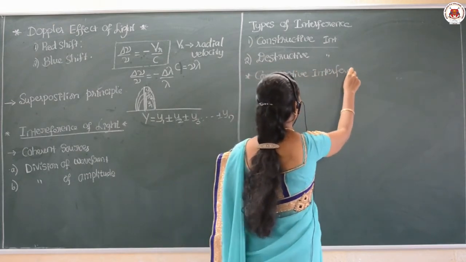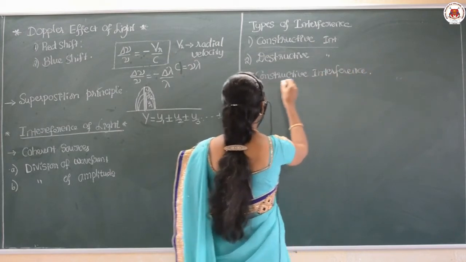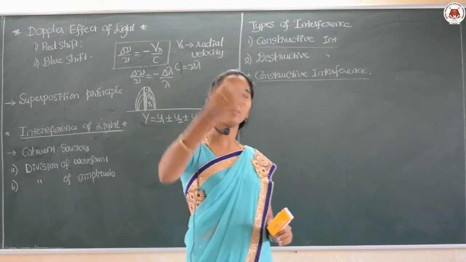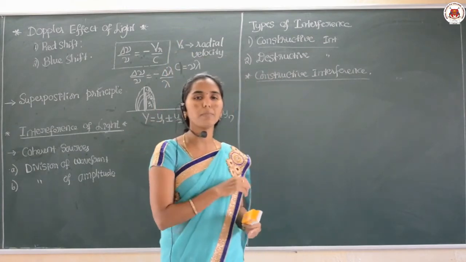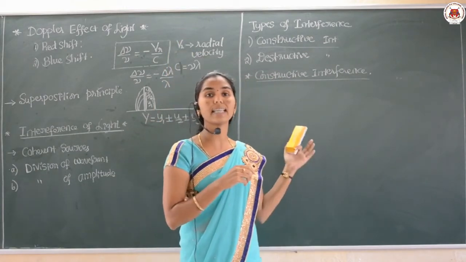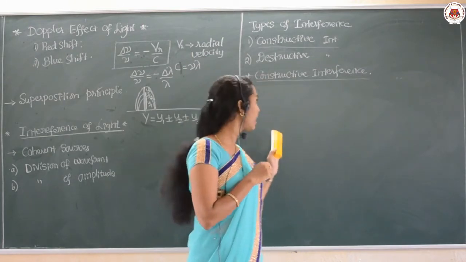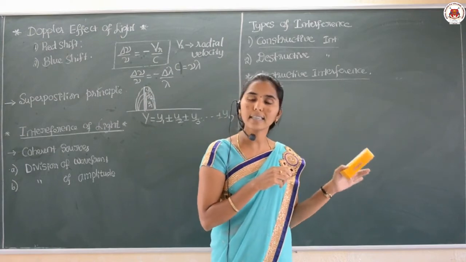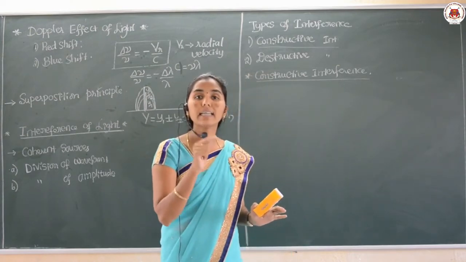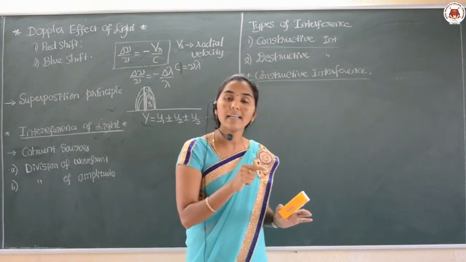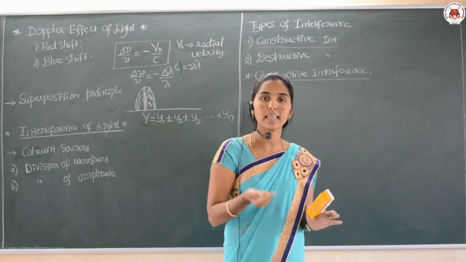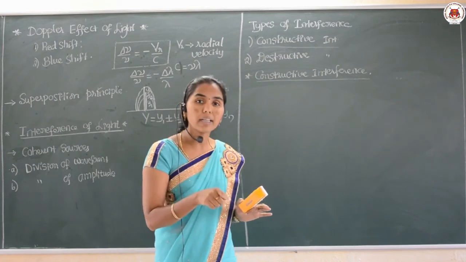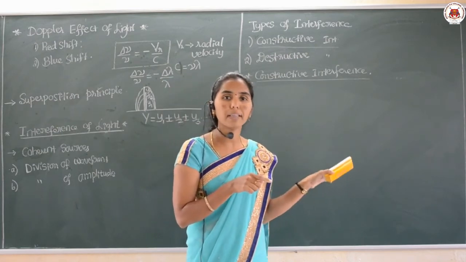During construction, what happens? Whether there is an increase in the building or a decrease in the building? Definitely there is an increase. Here also the same thing. If you are talking about constructive interference, here the intensity of the light goes on increasing.